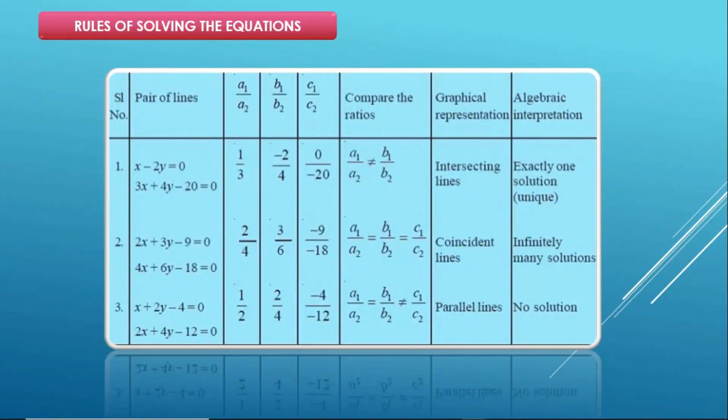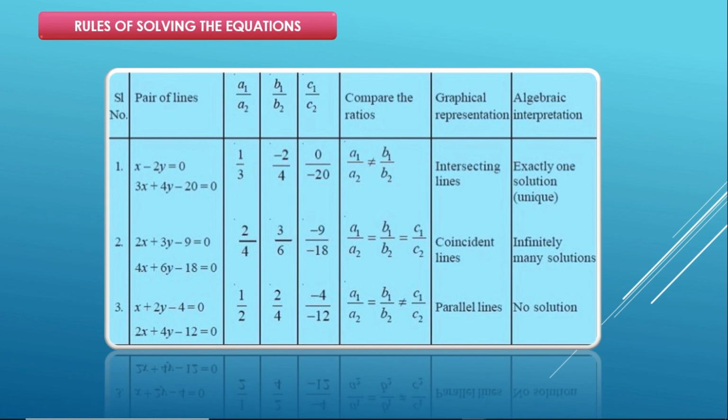Next is the rules of solving the equation. You can see the first equation, x minus 2y is equal to 0, and 3x plus 4y minus 20 is equal to 0. Here the first equation is in the form a1x plus b1y plus c1 is equal to 0, and the second equation is in the form a2x plus b2y plus c2 is equal to 0. If we simplify, a1 by a2 is 1 by 3, b1 by b2 is minus 2 by 4, and c1 by c2 is 0 by minus 20.